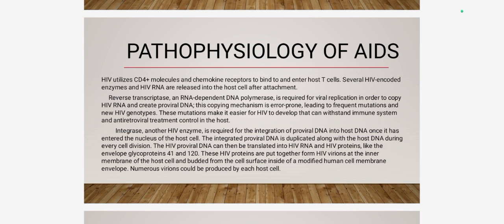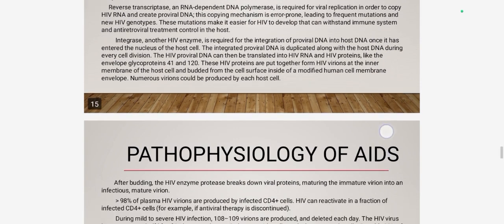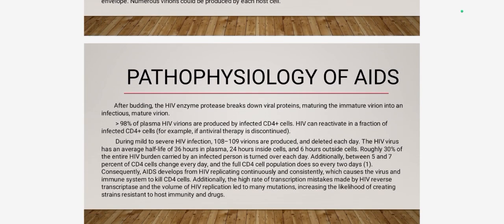Numerous variants could be produced from each host cell. After the budding, the HIV enzyme protease breaks down the viral proteins, maturing the immature virion into an infectious mature virion. Greater than 97% of the plasma HIV variants are produced by the so-called infected CD4 cells.